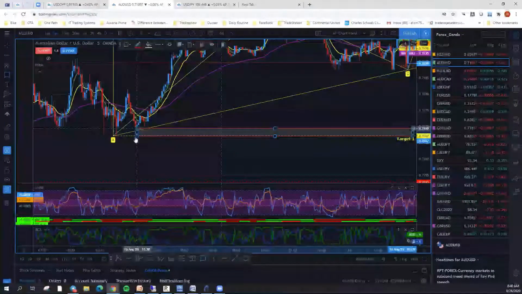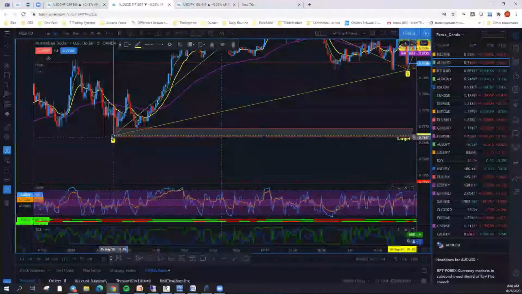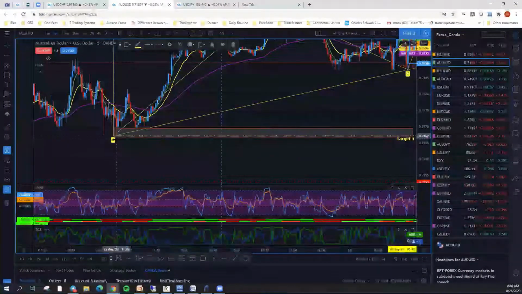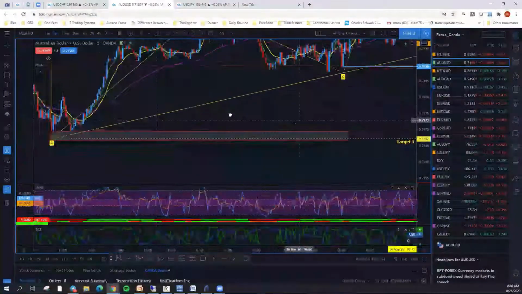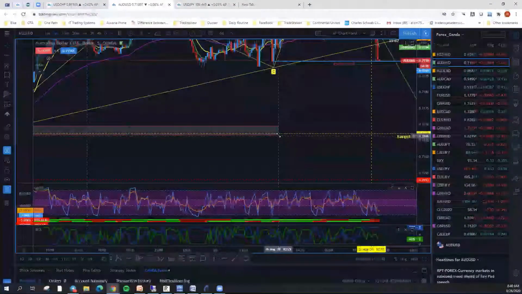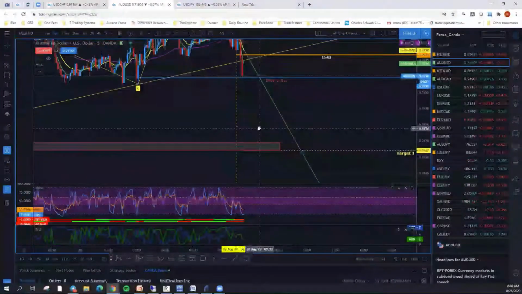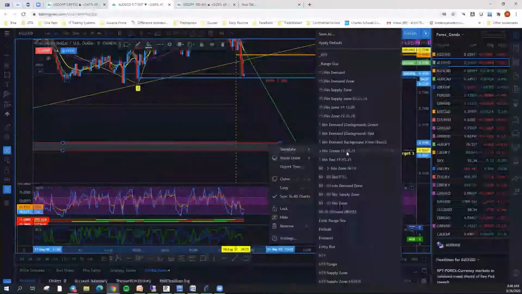Here's where the low came in. Here's where the bottom wick was. I'm going to make this green, a demand zone.